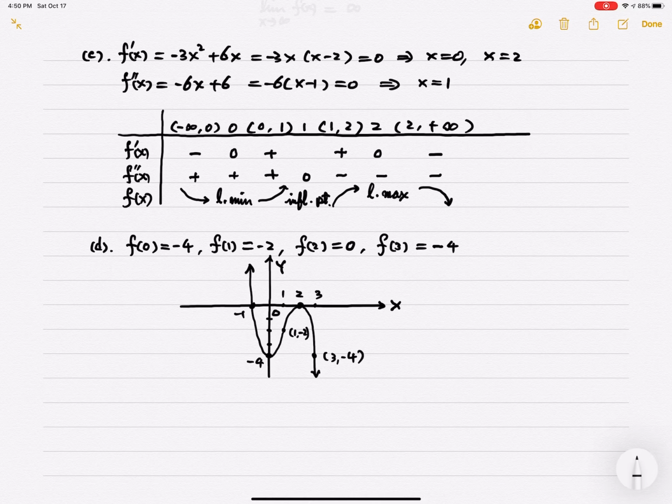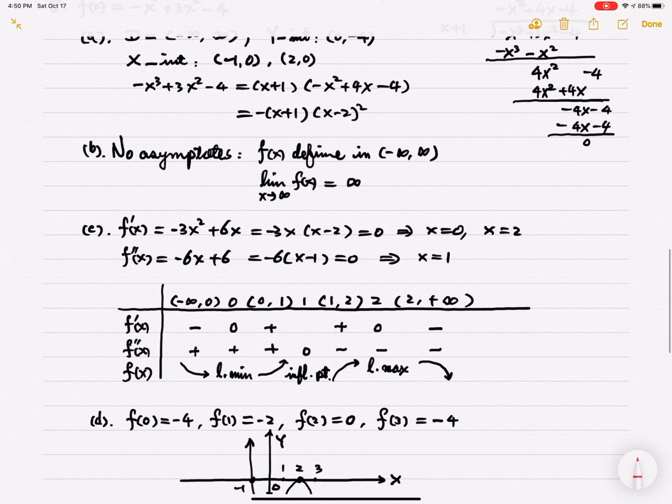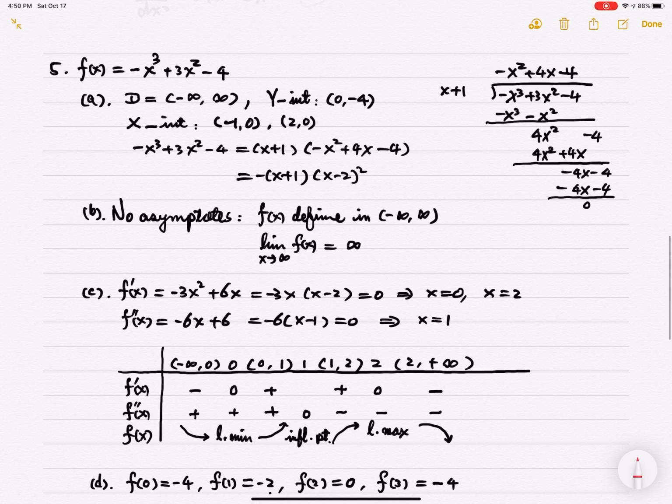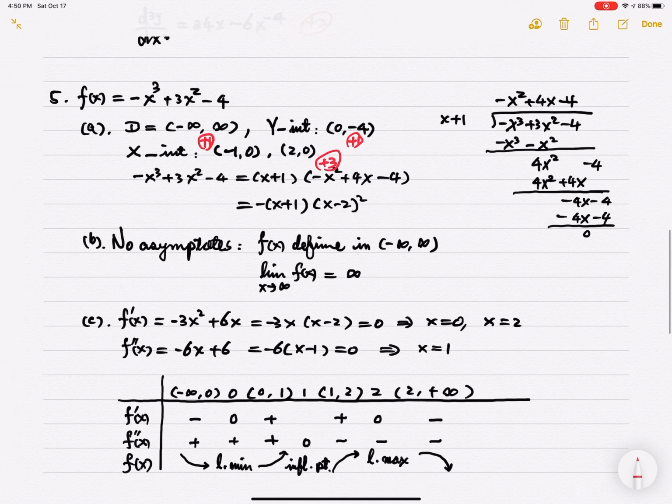So here, if I give partial credits, I'm going to say domain 1 point, and the y-intercept 1 point, and then x-intercept I'm going to give 3 points, because you need to spend a little time to figure that out.